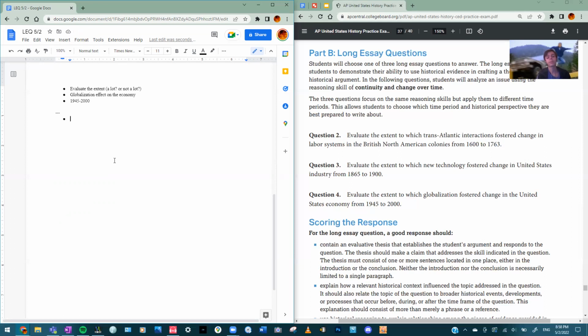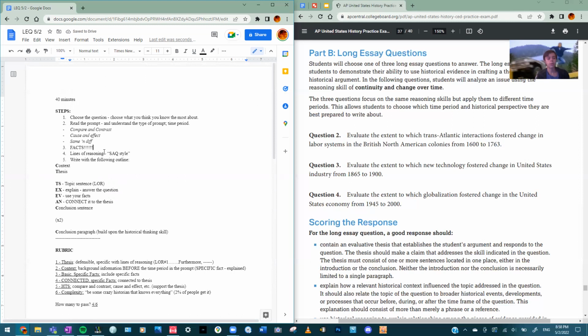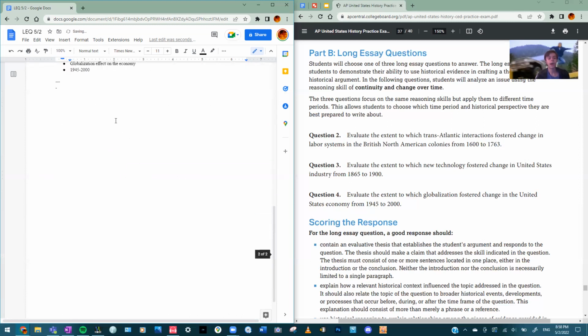Probably at least 4. Okay, so I should have put that up there. 4 minimum. The reason why is that you would want to have probably 2 per body paragraph, to make sure that you know what you're doing, and don't overdo it. That will waste time.